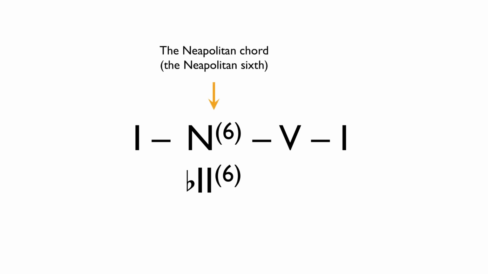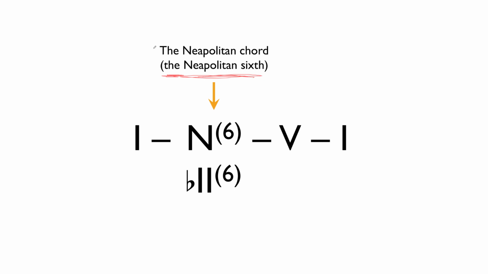A very common and effective way to elaborate the progression to the dominant is using the Neapolitan chord. The Neapolitan chord is a major chord built on the altered second degree, and it is mostly used in the first inversion, so therefore it is mostly called the Neapolitan sixth.